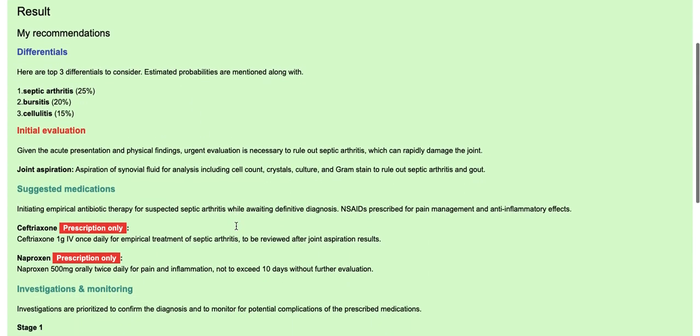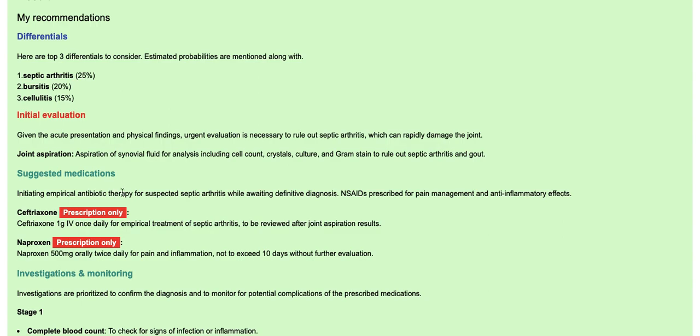All right. So the suggested medication is initiating empirical antibiotic therapy for suspected septic arthritis while awaiting definitive diagnosis. Now we know the actual treatment for septic arthritis, as per different guideline recommendations, depends on the result of the culture and gram stain, because it depends whether it is gonococcal or non-gonococcal, and also on what type of bacteria you find there, right?